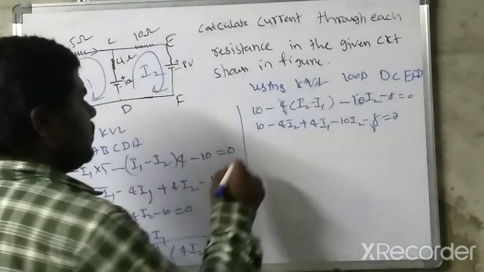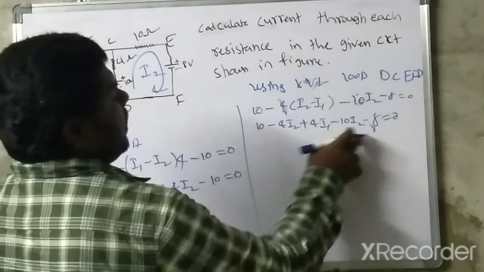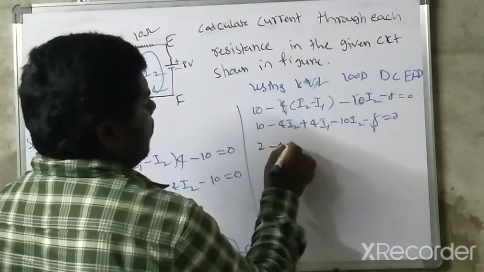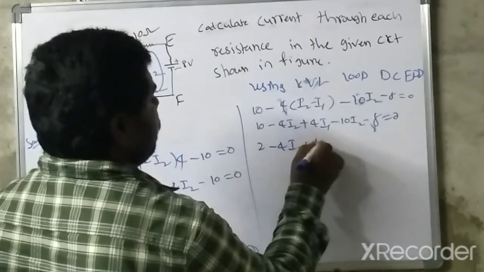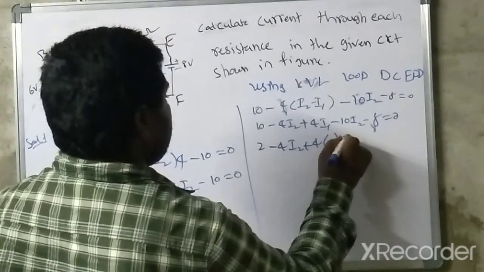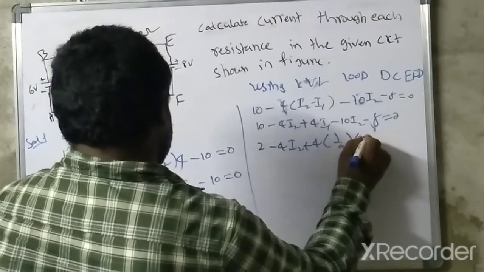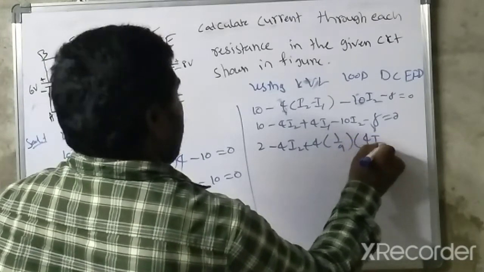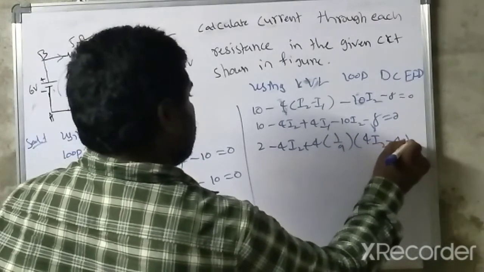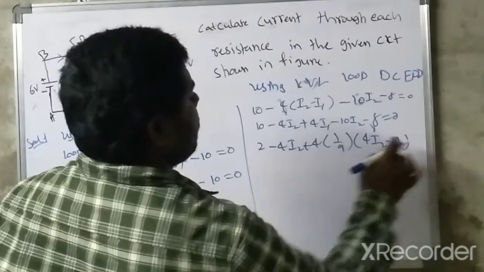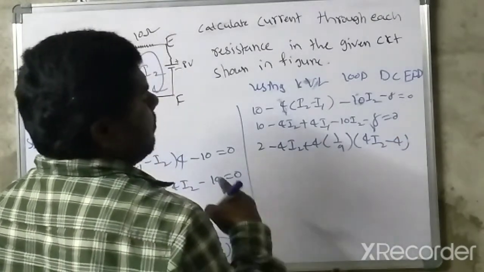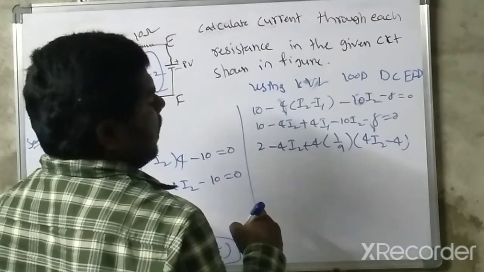So here the 10 minus 8 is nothing but 2, minus 4 I2 plus 4 into 1 by 9 of (4 I2 minus 4), minus 10 I2.